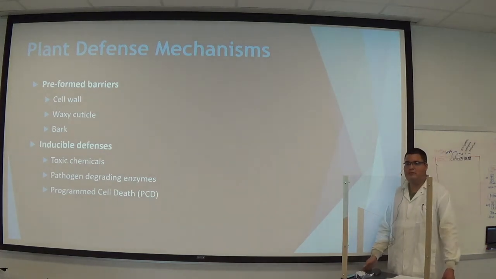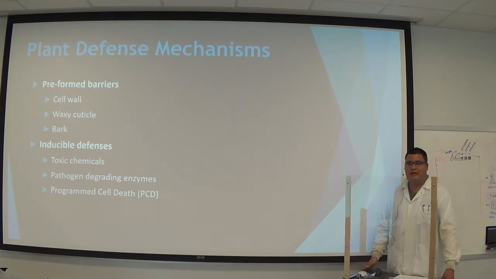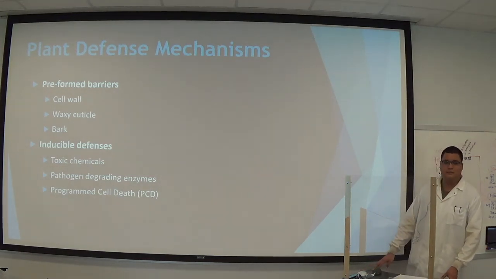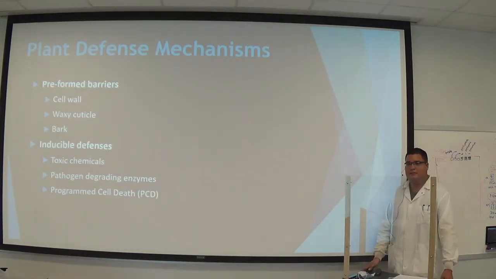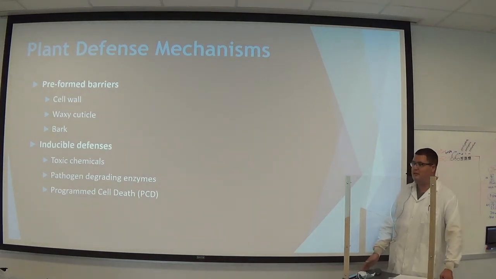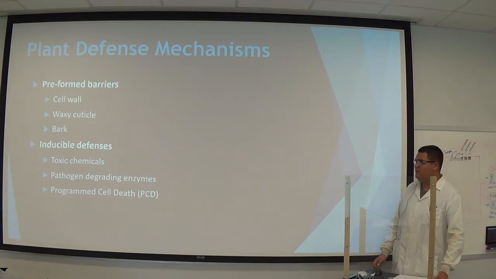So a plant can start to secrete what's called chitinases. You guys remember what chitin is, right? It's found in the cell wall of fungi, and it's specific to fungi. Anything that ends with ASE is an enzyme. So chitinase is an enzyme that destroys chitin, so it destroys the cell wall of a fungus. That's how the plant, when it recognizes that there's a fungus on its surface or somewhere inside of it, can release these pathogen-degrading enzymes.